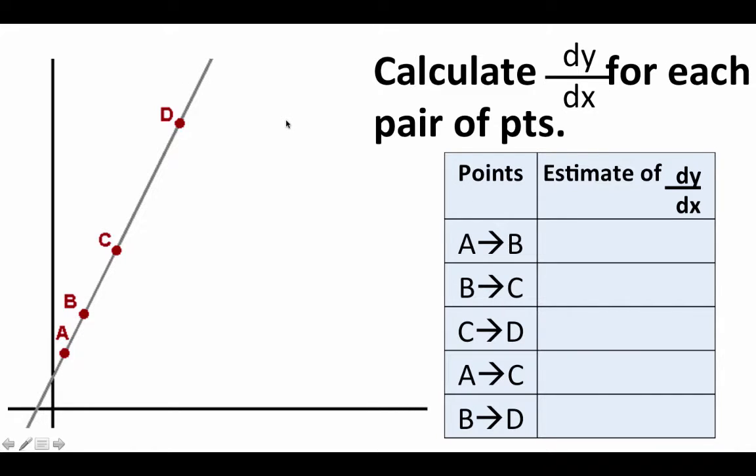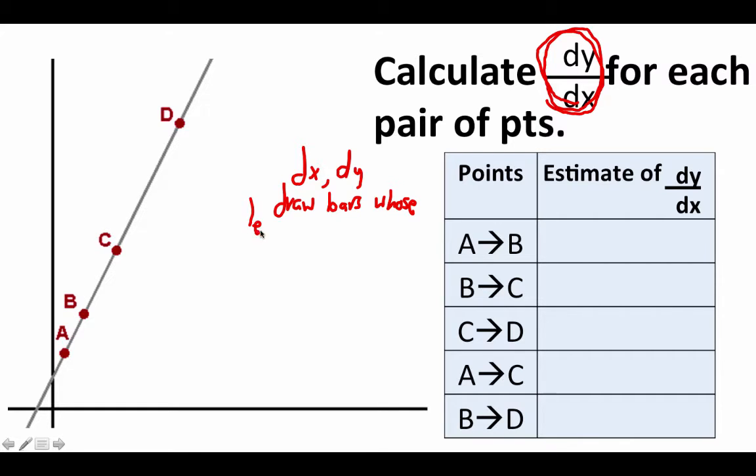And I said, alright, well, instead of y and x, what about calculating the relative size, or how much bigger the change in y is compared to the change in x? And so I said, alright, from A to B, I want you to estimate how much x changes and how much y changes. For dx and dy, draw bars whose lengths represent dx and dy.